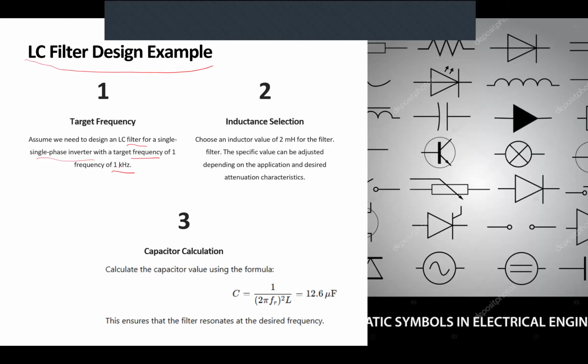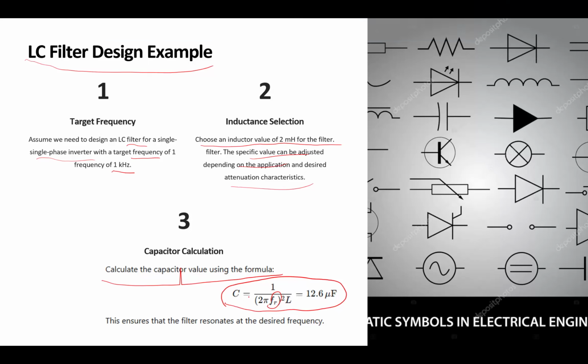We would choose our inductor, then calculate the capacitor we need for that inductor based on the frequency. It's a very simple example of how to calculate the LC filter based on your targeted frequency.